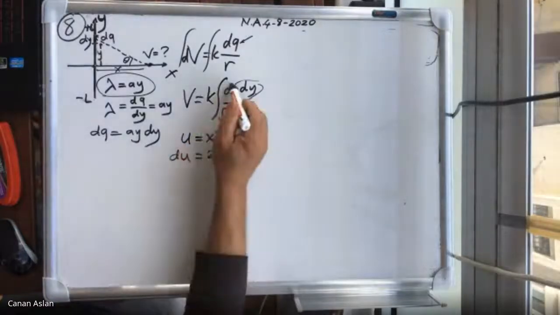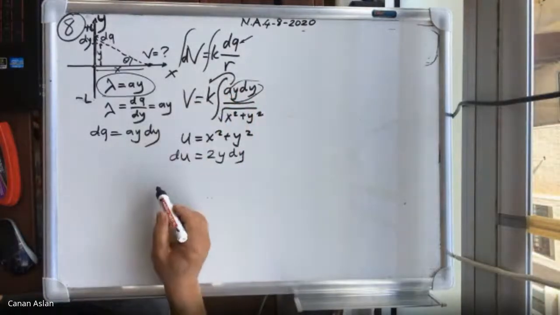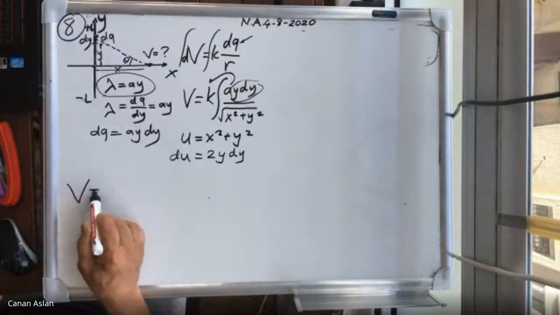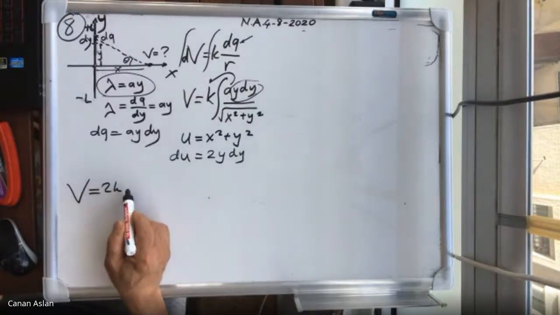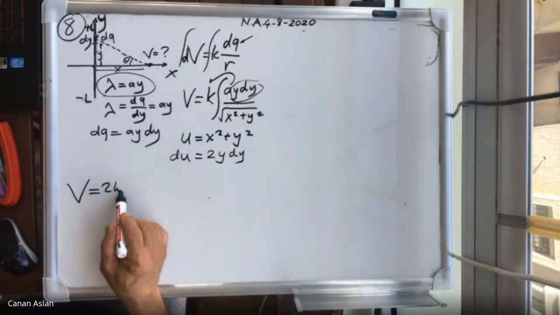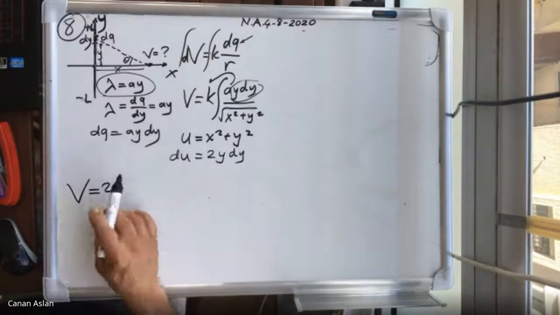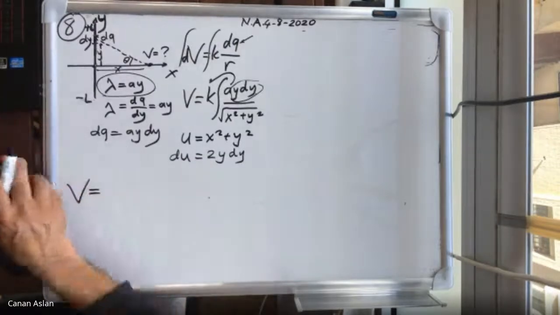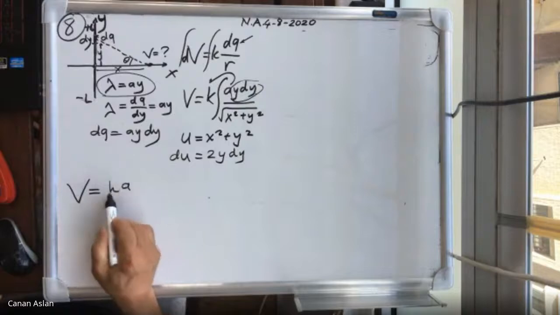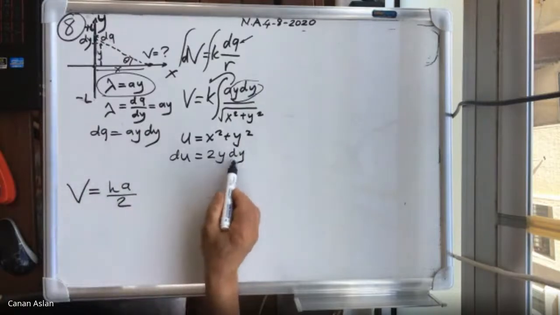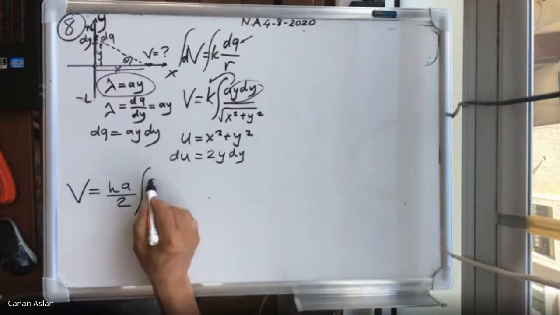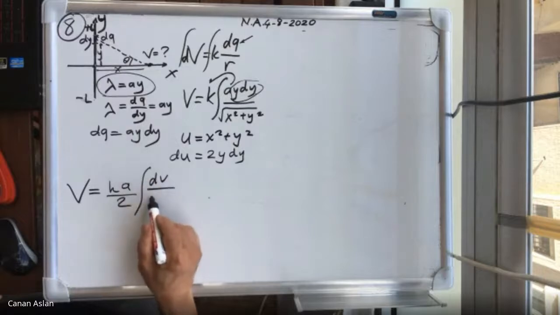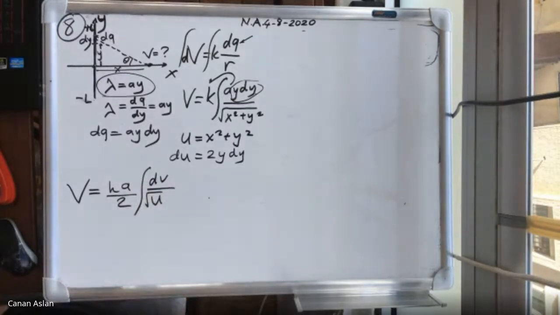If you also put this a outside, then the potential will be written as k times a divided by 2, because y dy is du over 2, integral du over the square root of u.